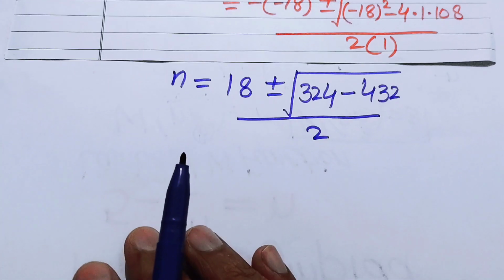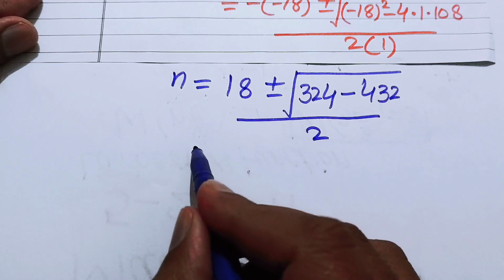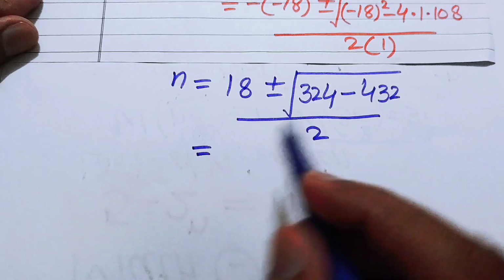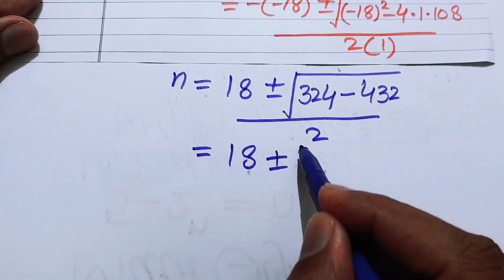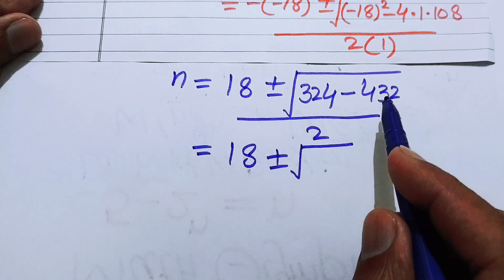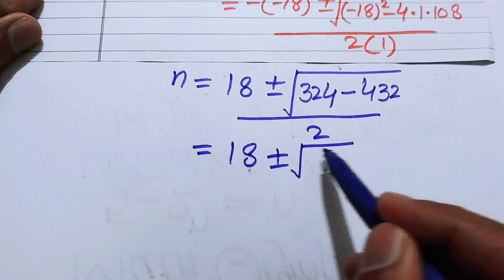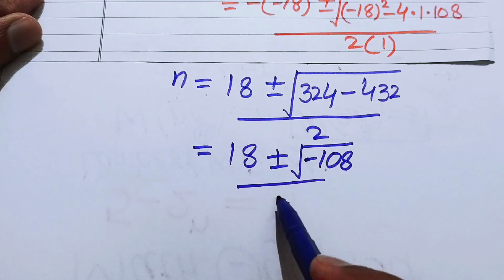So in the next step we again need some simplifications here in order to get the value of n, so we will write here 18 plus minus square root of 324 minus 432 equals minus 108, and this whole over 2.